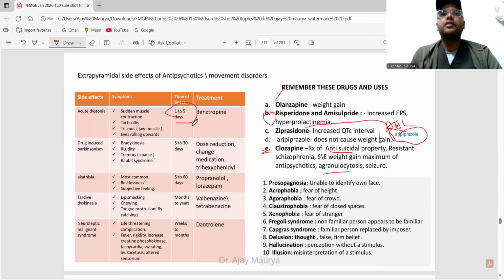Treatment will be benztropine, which is an anticholinergic.